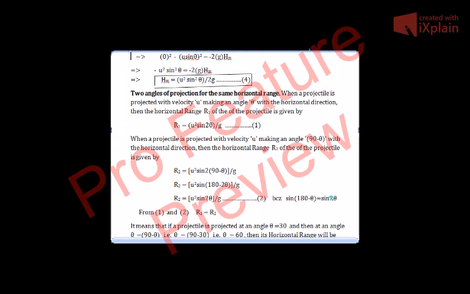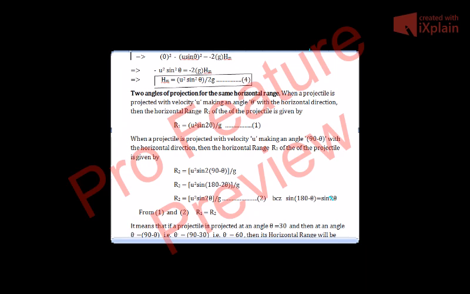From first and second, we see R1 is equal to R2. From equation 1 and equation 2, you see R1 is equal to R2. It means that if a projectile is projected at an angle theta is equal to 30 degree, and then at an angle theta dash is equal to 90 minus theta, that is theta dash is equal to 90 minus 30, that is 60 degree, at an angle of 30 degree and 60 degree, then its horizontal range will be same.